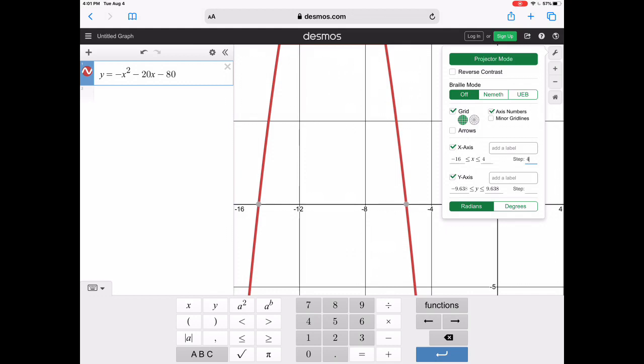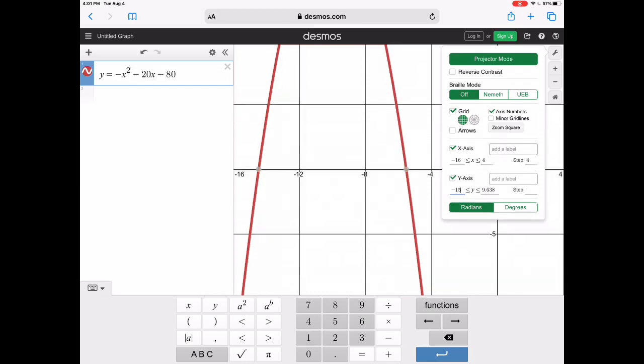We still don't see the top of the parabola, so let's change the lower bound and upper bound on the y-axis. I'm going to change the lower bound on the y-axis to -15, and then I'm going to change the upper bound on the y-axis to 25.